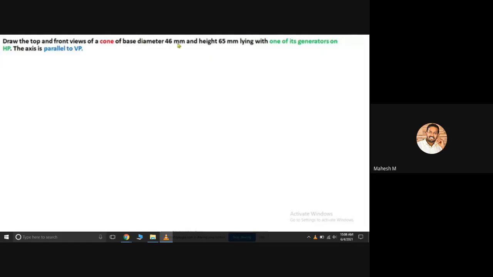Here we do not have the angle. Instead of that, you can read this green highlighted text: one of its generators on HP. So this is our condition.